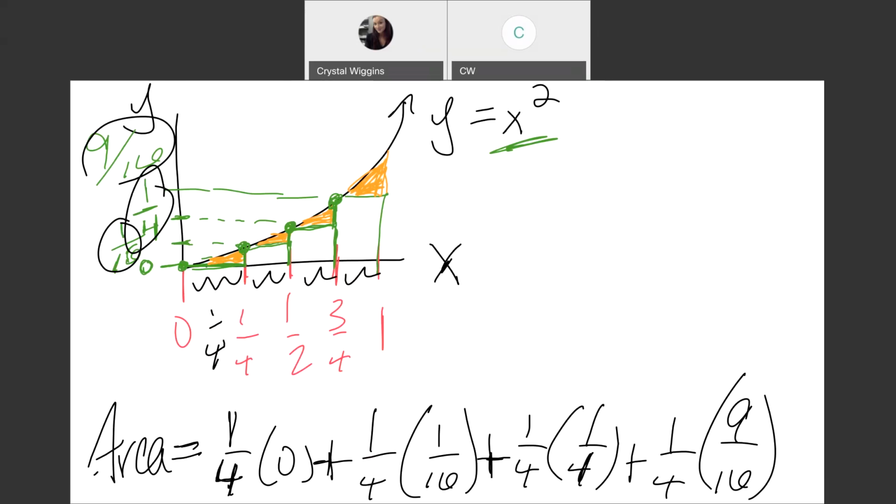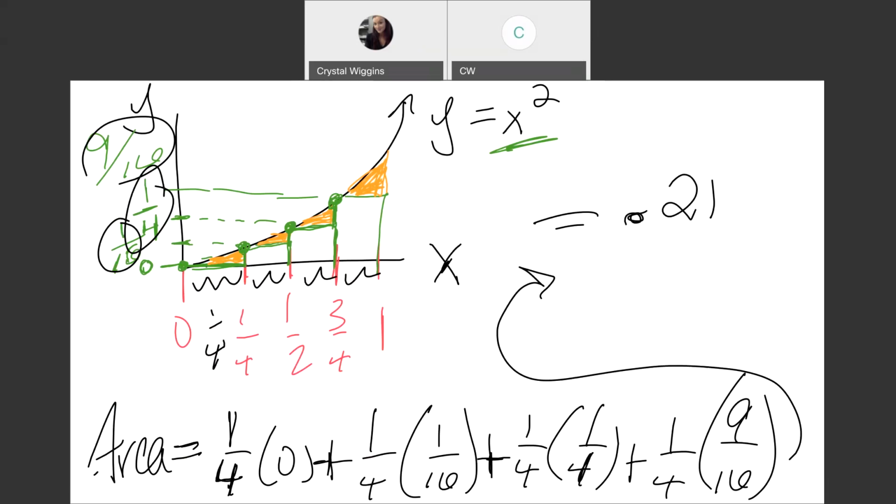Okay, so this is equal to 0.21875 is the area. Let's see if we have an exact for that. So I go math, enter, enter, and I get an area of 7/32. Okay, so the overestimate was 15/32.